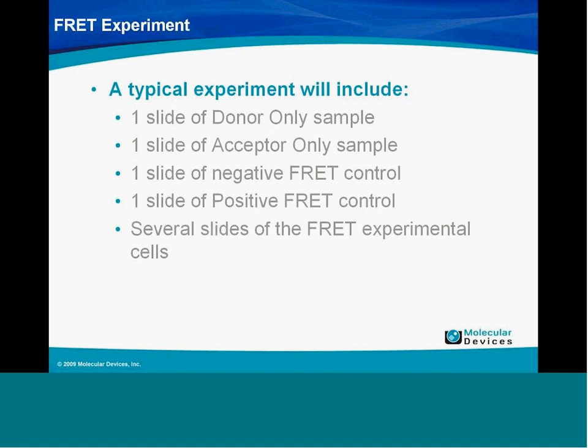Then you should include a positive control, which is basically the CFP and YFP with a small linker between them, close together, so that you'll get FRET most of the time. And then you want several slides of the experimental set that you're trying to measure.